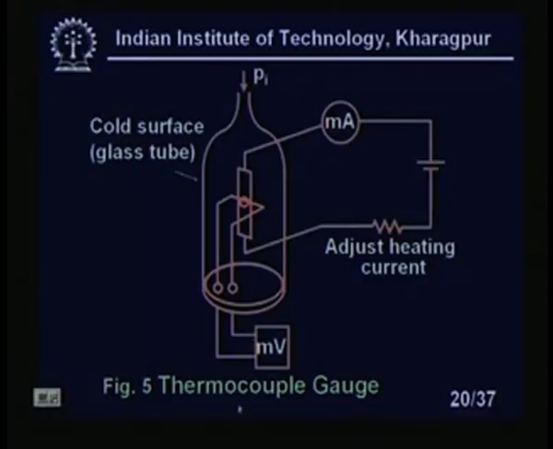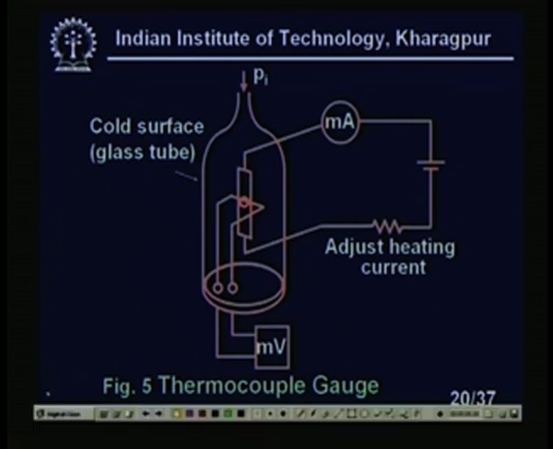Now, the thermocouple gauge's response time is quite fast, even though it is a slightly different principle. Compared to the Pirani gauge, its response time is much less. The basic principle is also based on thermal conductivity. There are gas molecules, and they will try to take away heat from a heated filament.